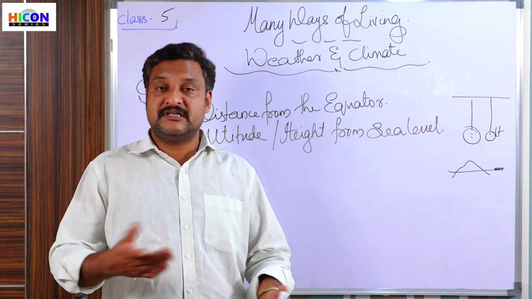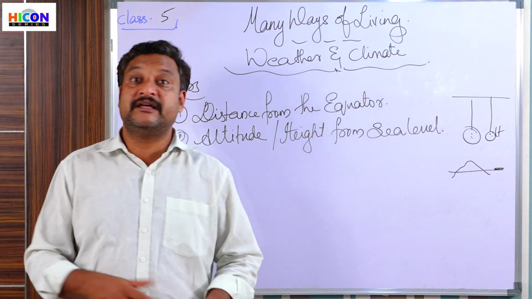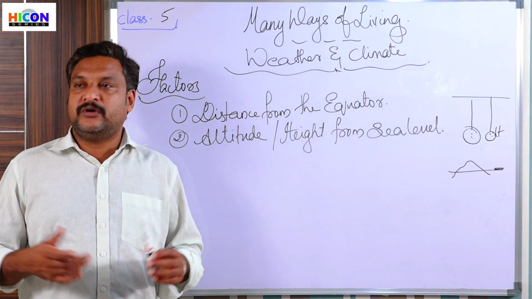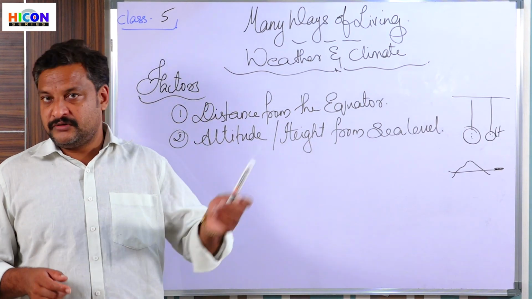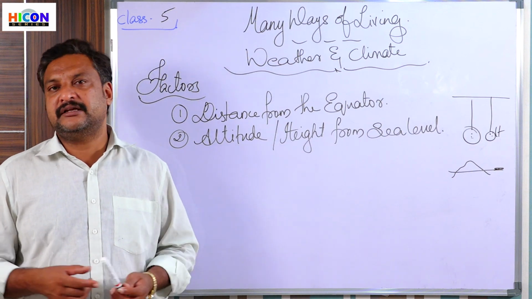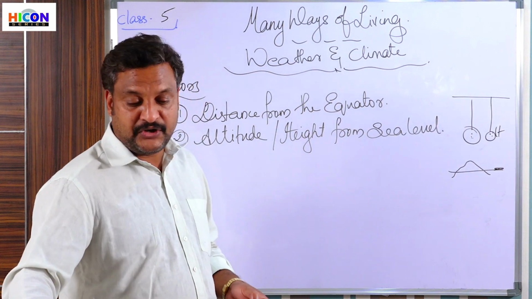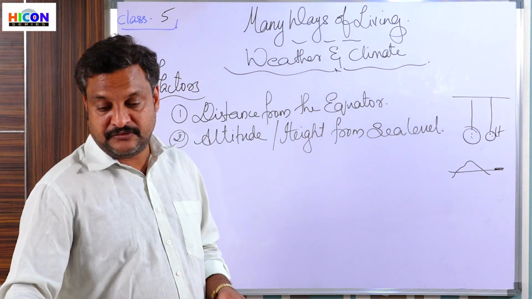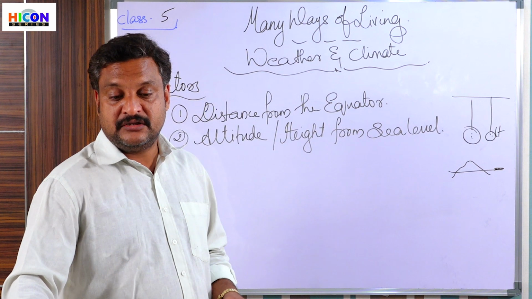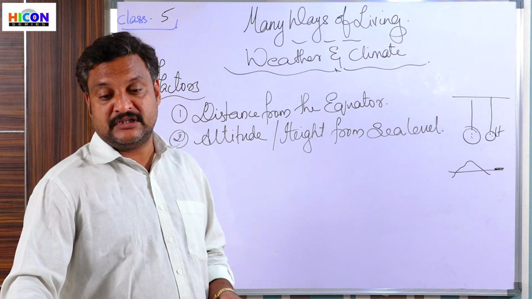It's during the summer season that we go to hill stations: Ooty, Kodaikanal, or the North Indian stations like Nainital, Dehradun, Shimla, Darjeeling, Mussoorie. All these are famous hill stations because they are cooler during the summer season.